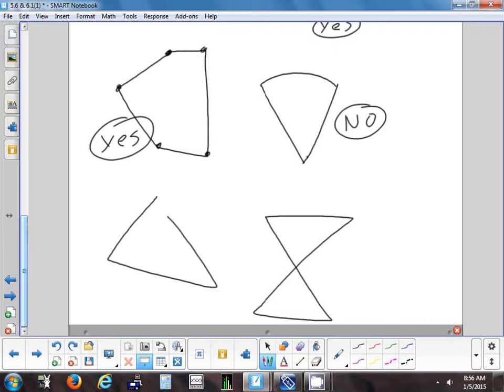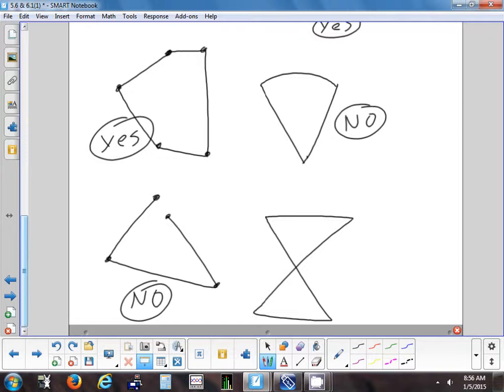No. What's wrong with that one? Yeah, it's not closed. Another way to say that is, by the second part of the definition, each vertex doesn't have 2 segments going from it. The one in the lower right does, the lower left does, but the other ones only have 1.